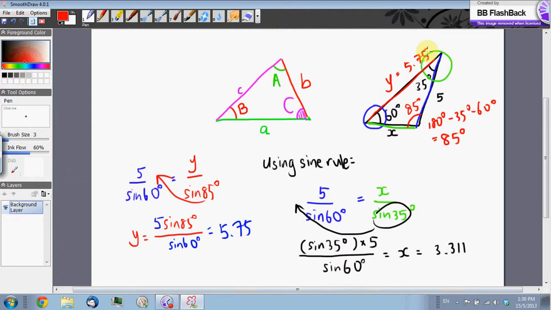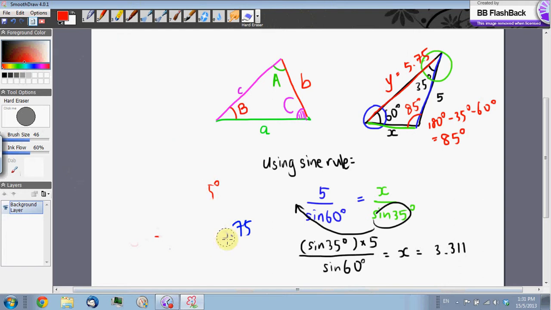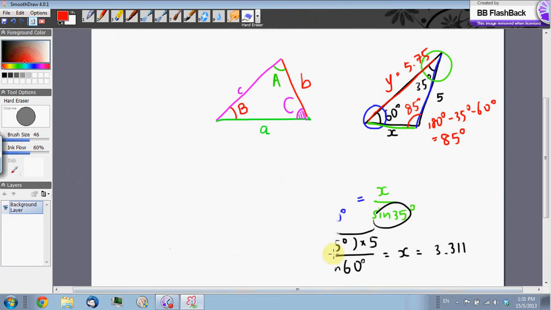So you can use the sine rule to solve for angles and lengths in a triangle. Let me just do another example where you'll be asked to find an angle.